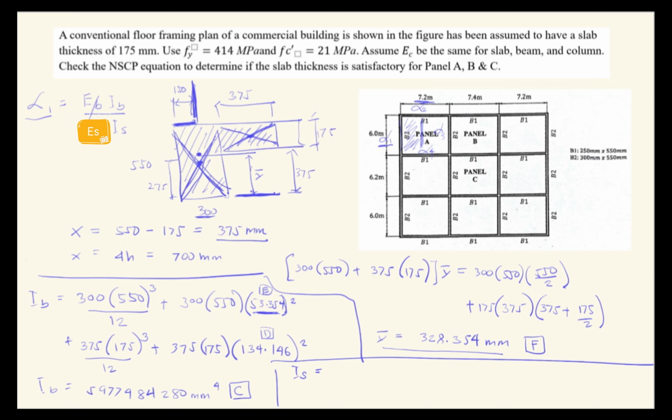So the effective width of the slab would be 3,750 multiplied by the height 175 cube divided by 12. Okay, this will give us this value.